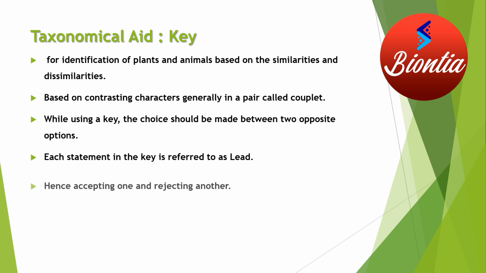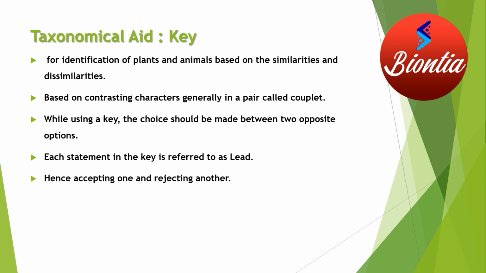Now let's see the next point. I've already told you we have to accept one of the options from the couplet and reject the other, and as you keep moving, you classify your sample, or place your new species into a category.